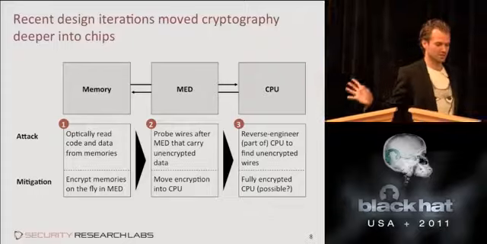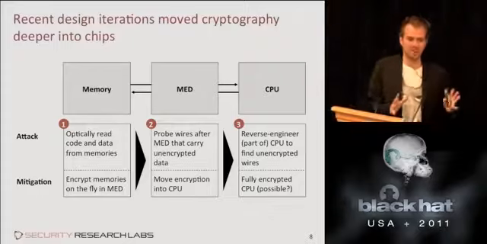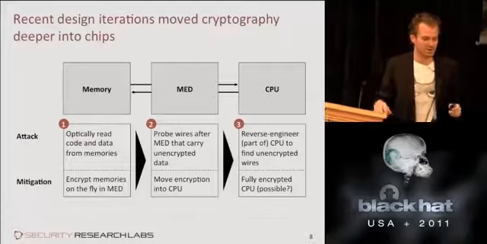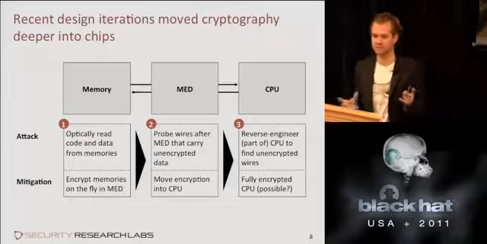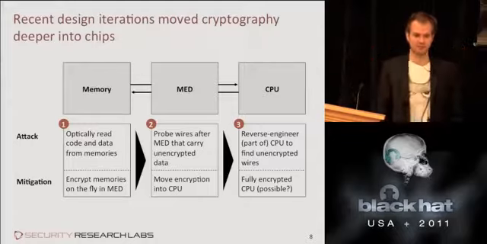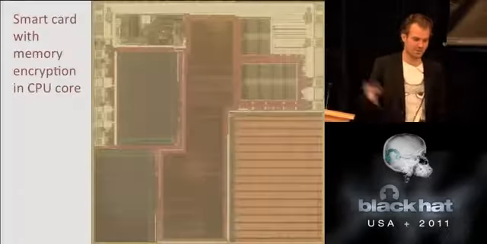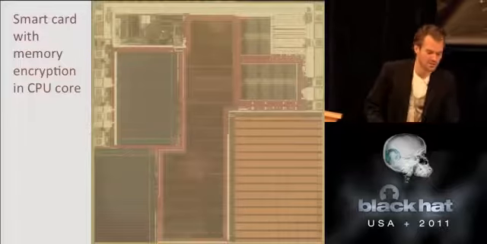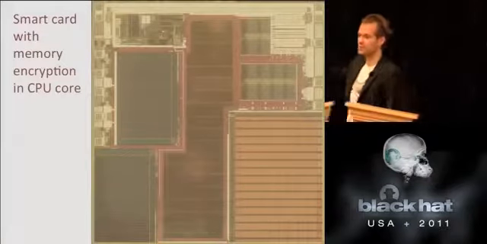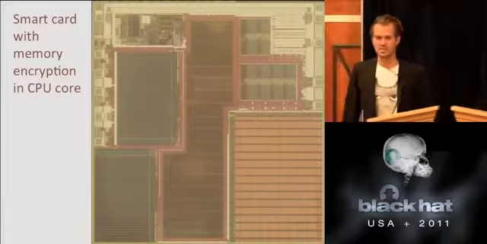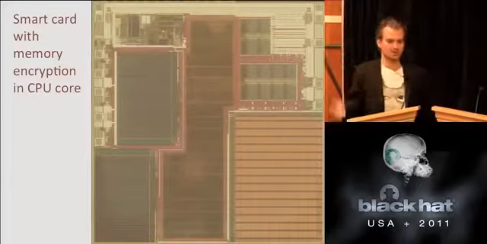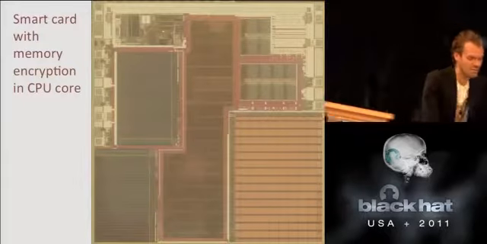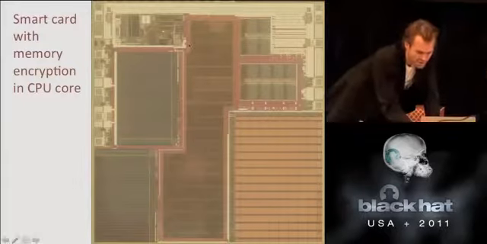Most of the newer chips don't nicely separate the encryption function from the CPU code, though, and we'll put everything in one big bunch to supposedly make it harder to find the relevant pieces to reverse engineer. So a more recent chip would look like this, where you can still clearly tell where the memory areas are, but all the other things, the MMU and the CPU core, the memory encryption, and the crypto accelerators, are all merged into this big blob in the middle.